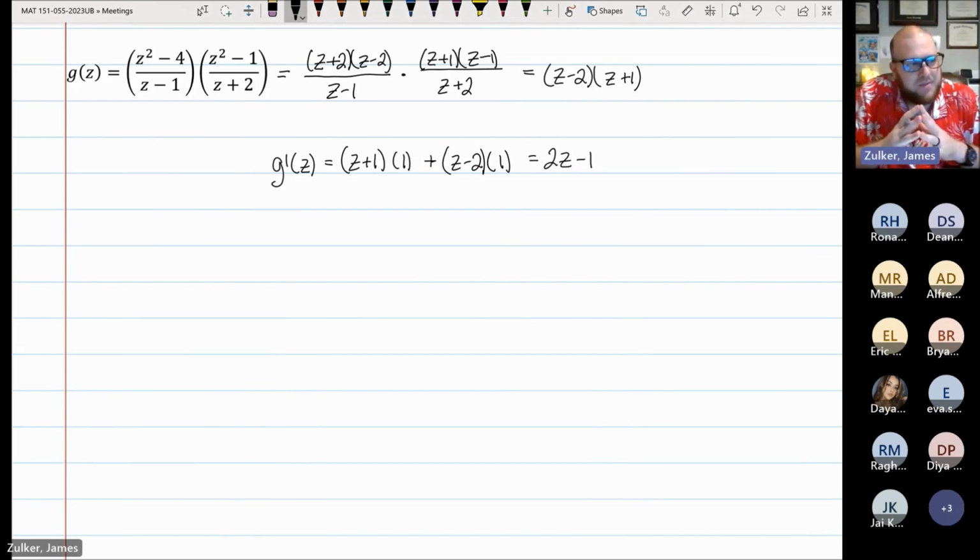We could also think of this as a quotient rule, right? But the derivative of each function is going to require product rule. And those algebraically are really, really messy.